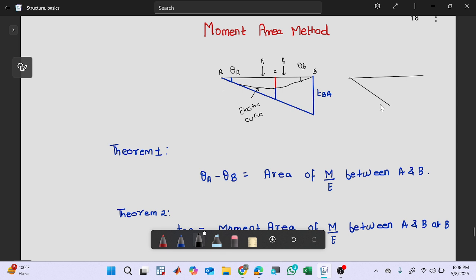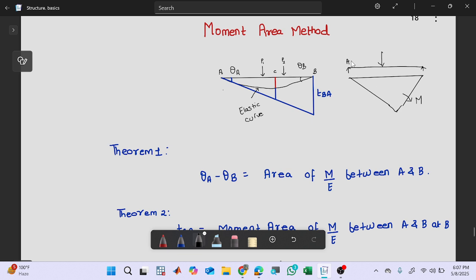So there are two loads, whatever the shape it is attaining. Let's say this is the bending moment profile of any loading system, and for this loading system we have this bending profile.